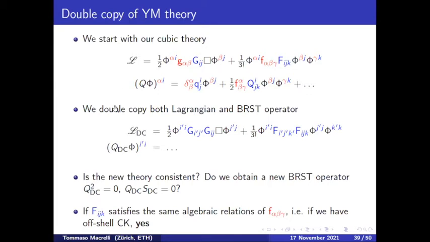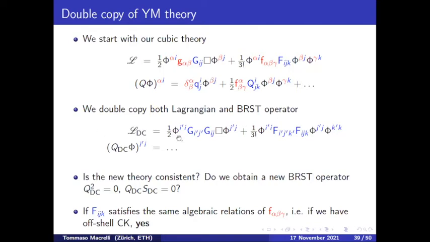Now, we want to double copy both the action and the BST operator. So really what we do is to replace every color structure constant and index with a copy of the kinematic structure constant and index. And here I have highlighted in red the color structure constants and in blue the kinematic ones. So we replace the color structure constant with the kinematic structure constant.